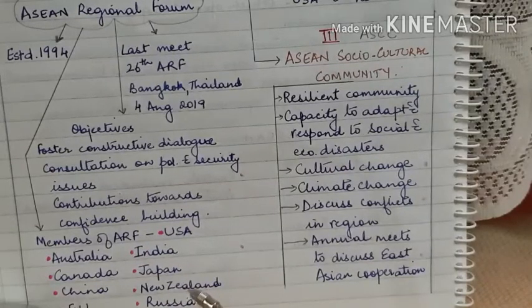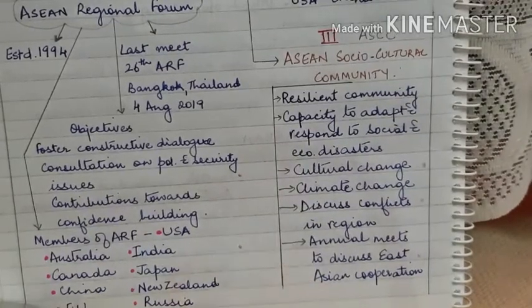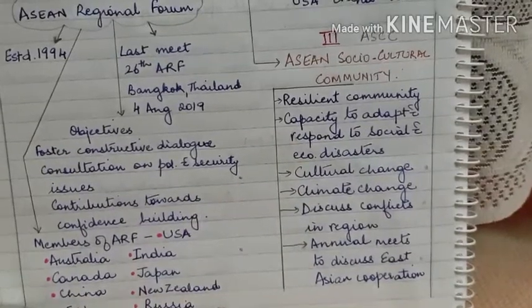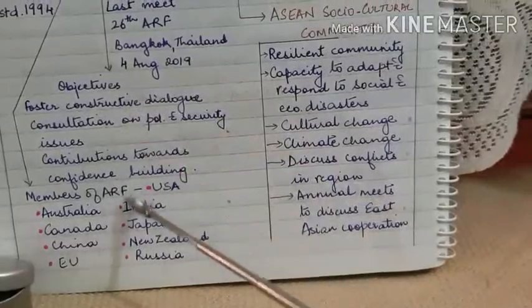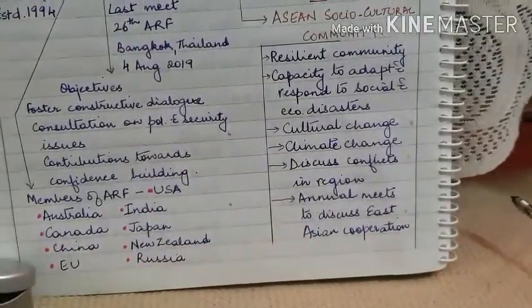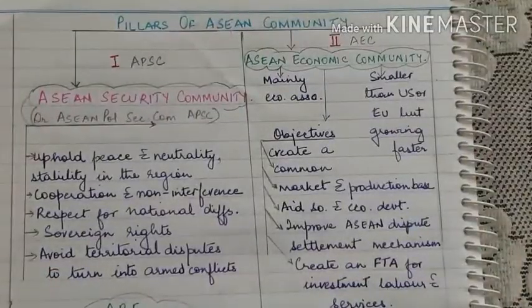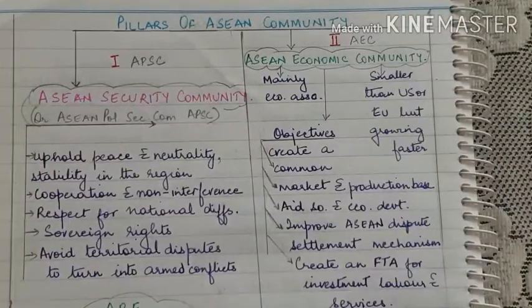Their main objective, like we said, was to promote multilateral security dialogue with outside powers. Whatever outside powers are there, they needed to maintain security dialogues with them. That was the main agenda of the ARF, which is a part of the ASEAN Security Community.